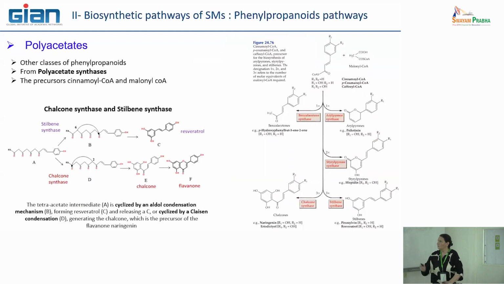Well, and also in this case, I just wanted to speak about polyacetate, because in the class of phenylpropanoids, there are some propanoids that come from this special activity, polyacetate synthase. And you can see here that it is what I said to you. It depends on the enzymes that are involved. You have seen yesterday that instead of chalcone synthase, if you have stilbene synthase, you can produce from the same precursor two different types of final molecules, resveratrol as it was shown, but also, as we have seen, all the phenylpropanoids.